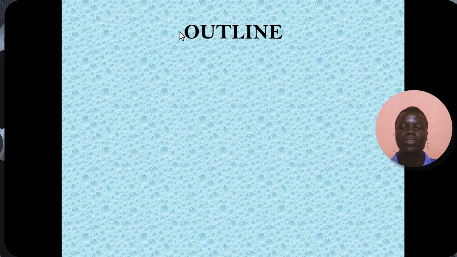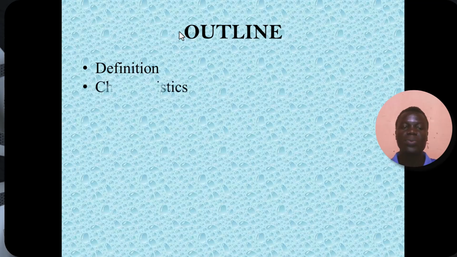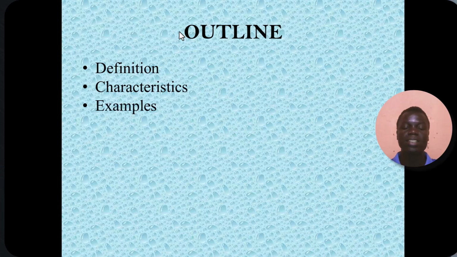Therefore, briefly, let us look at the outline for this tutorial. We shall be looking at the definition of the secondary source of information, its characteristics, and examples. We shall look at the purpose it has to play, and the role that it plays in research.